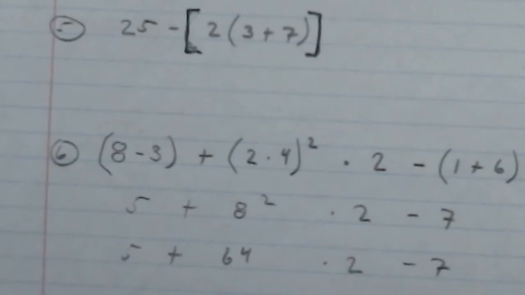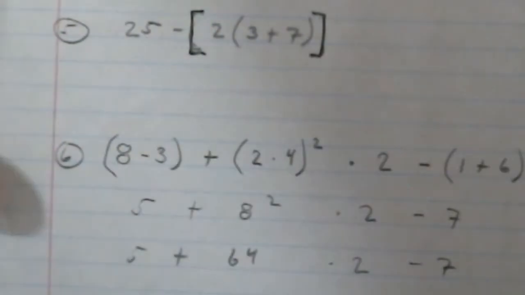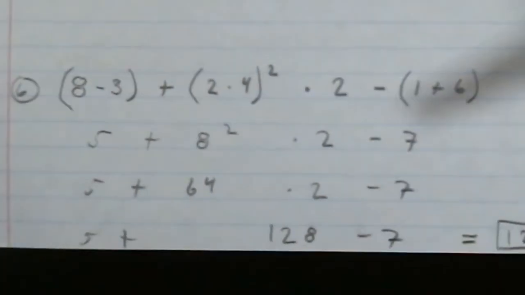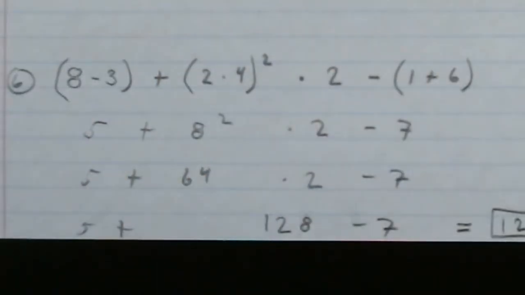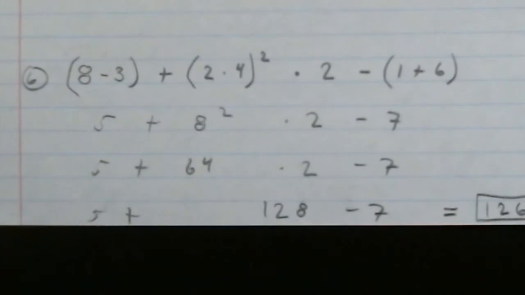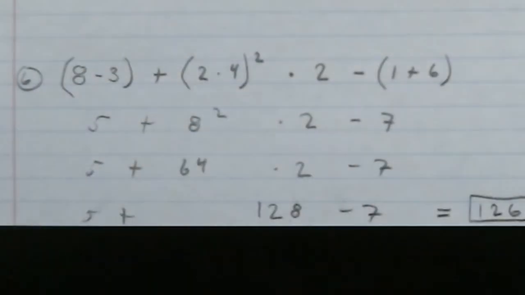Number 6. I kind of did this one for you to see what you get on it. I would like you to see what I did, and maybe you can get the same answer. Try this. Don't skip on yourself.